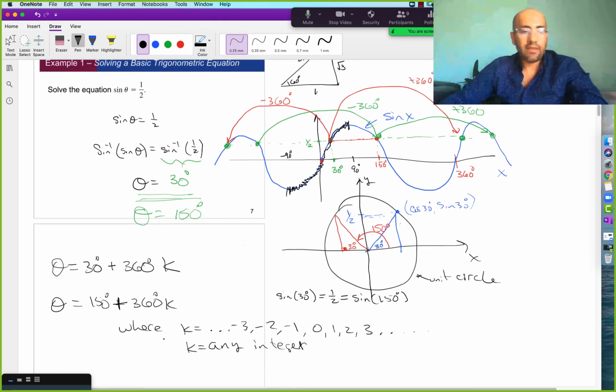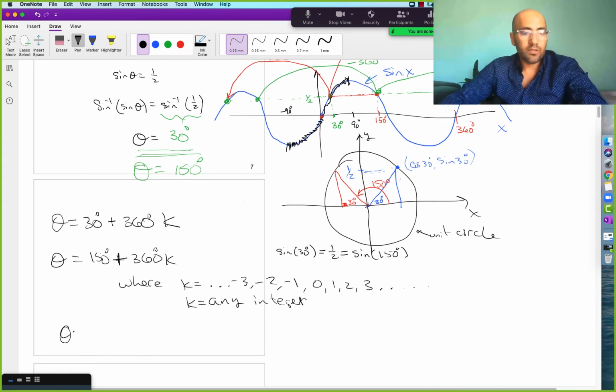On the other hand, what you could also do is put theta equals 30 degrees plus or minus 360 degrees k, where k just equals 0, 1, 2, 3, or just k equals any natural number.